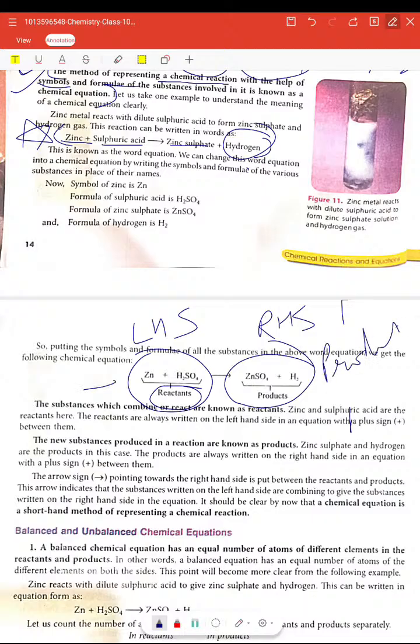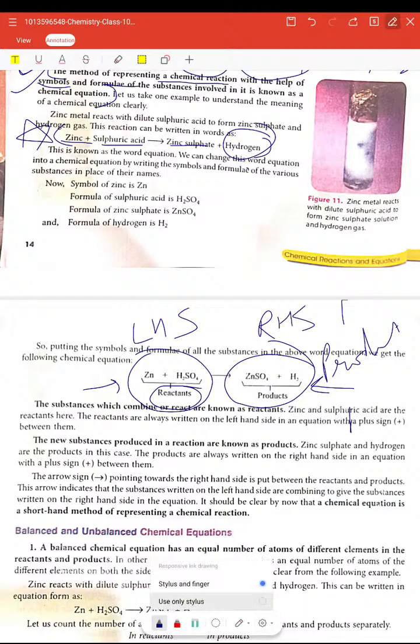This is the left hand side part and this is the right hand side part of the chemical reaction. The left hand side is called the reactant, and the right hand side is called the product.